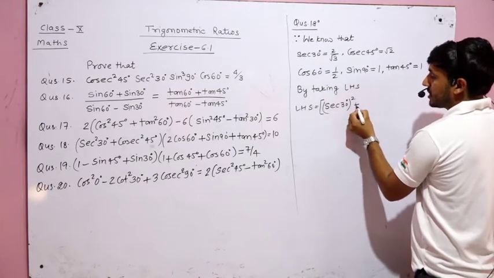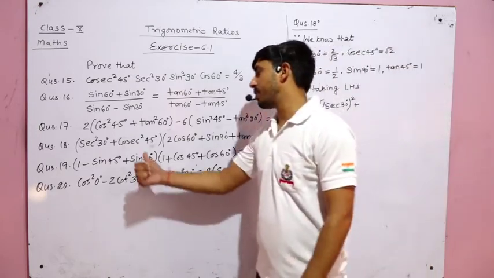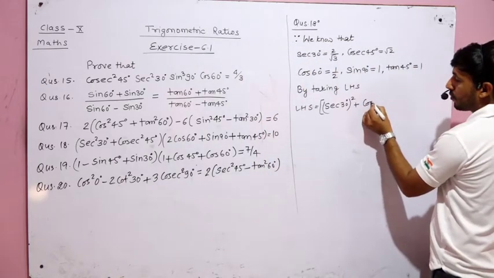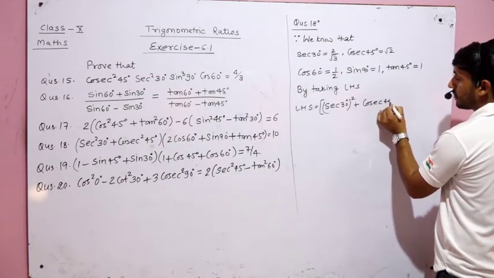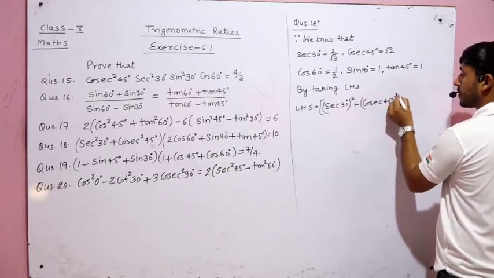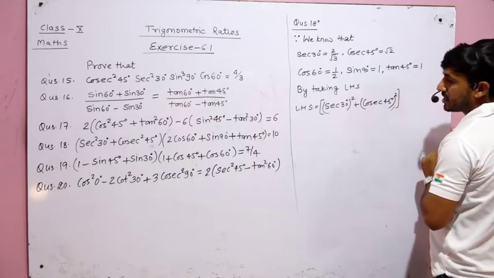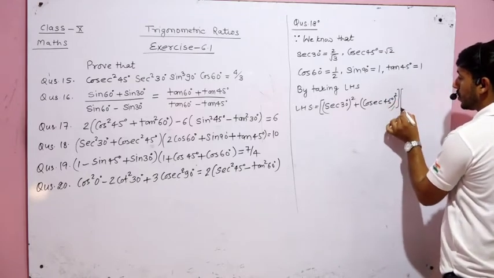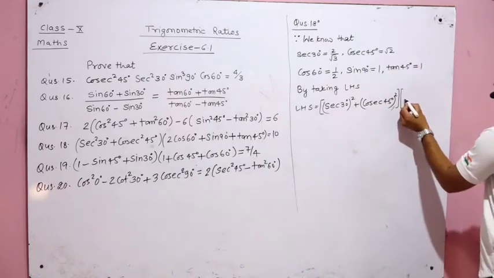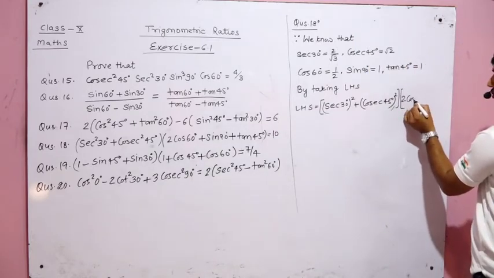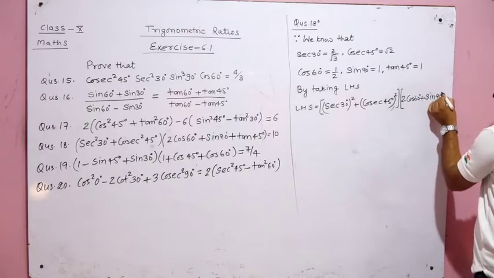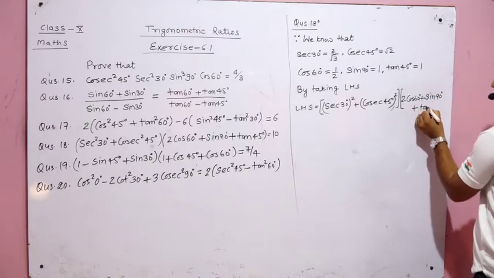Again, next step, we have cosec square 45 degree, that we can write square of cosec 45 degree. Again in the next step into, okay, here you can write the same as given in the question, 2 cos 60 degree plus sin 90 degree and plus tan 45 degree.